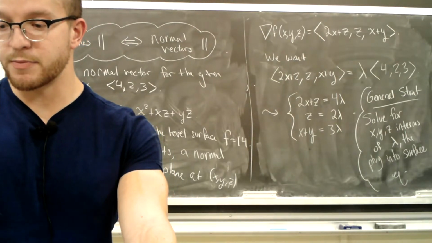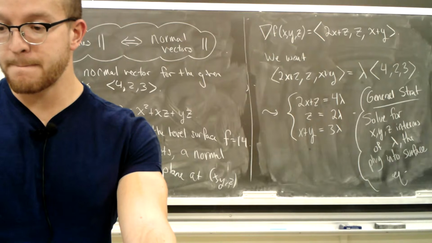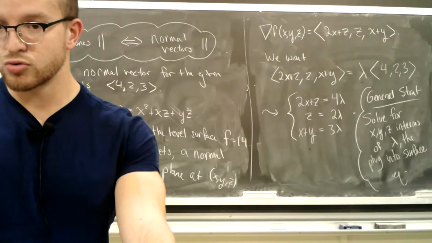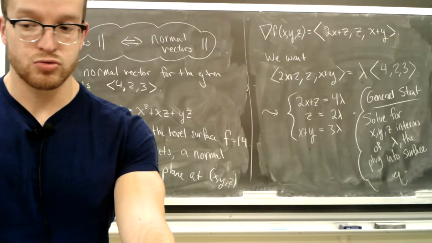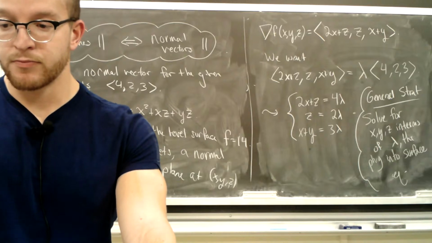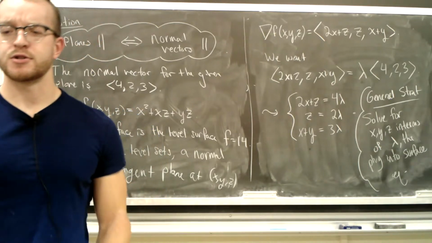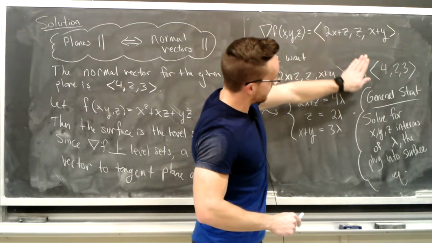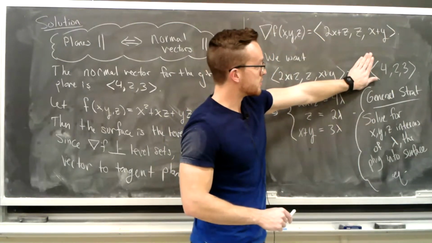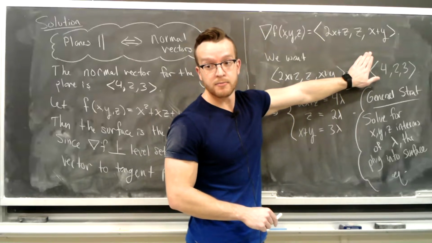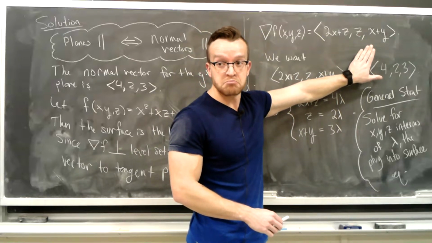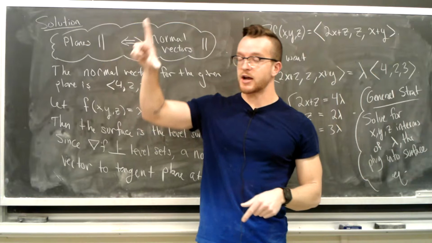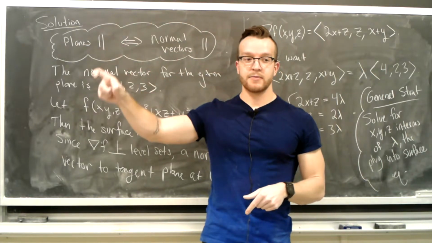Why is it wrong to just plug in the normal vector from the parallel plane? Well, I don't know if I quite understand the question, but it would be incorrect to say I just want this vector to be literally equal to the other vector. I don't know that that ever happens. That's the reason why we need this lambda. Like I said, this gradient vector, as you track it around on every point of your surface, has a mind of its own.